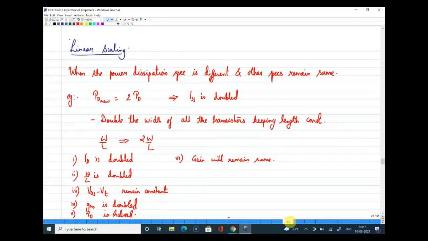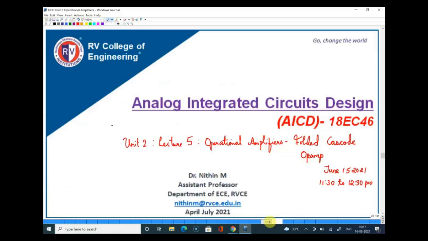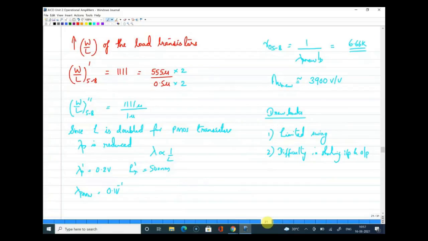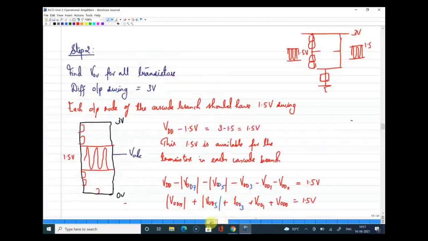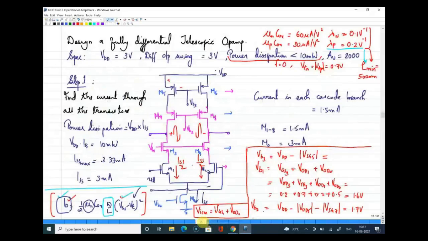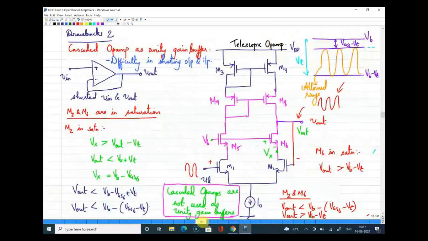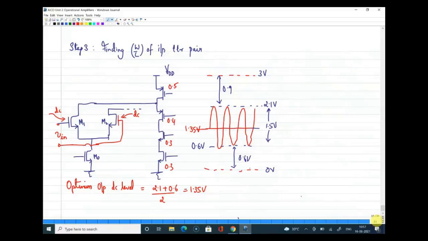We discussed the difficulty in shorting input and output for a telescopic op-amp, and we saw what the difficulty is. The output swing went very low, right? But in contrast to the telescopic op-amp, in folded cascode we can do that. That is one advantage of folded cascode. We will discuss that a little later after this design example.